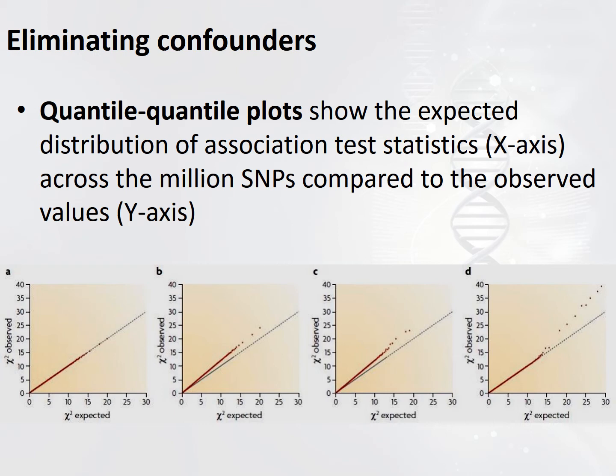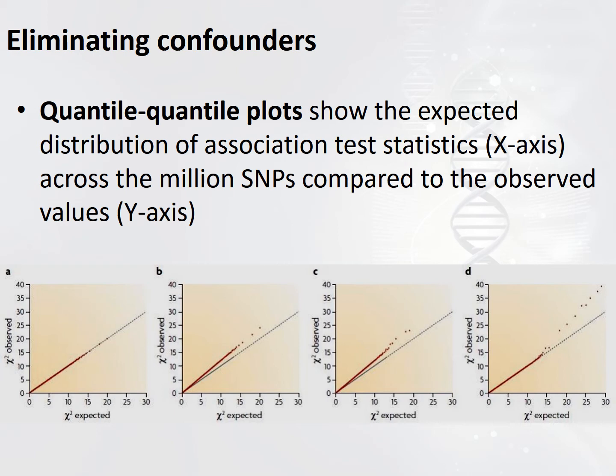So you can see in this graph there are different scenarios. For example, A is a valid model, but it finds no association, no associated variants. Basically, no more appear statistically significant than you would expect.